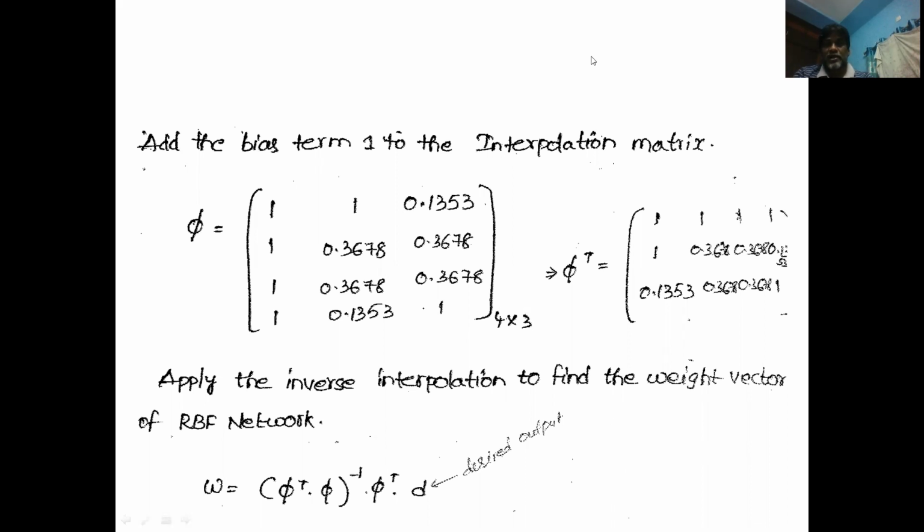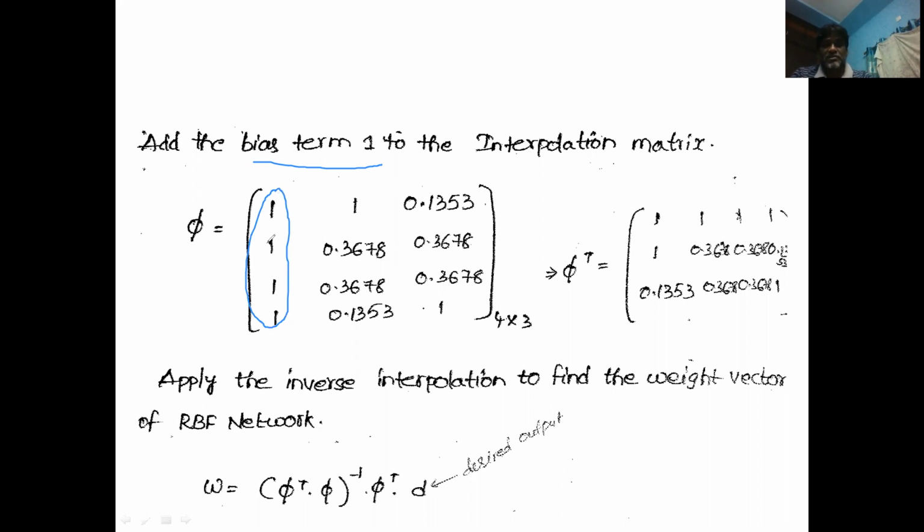Now we need to add a bias term to the interpolation matrix. So this column is added to the interpolation matrix as it represents the bias term. You can add it anywhere, as first column or third column. Whenever you add it as first column, then when you calculate the weight vector, the first value is assumed as the bias value.